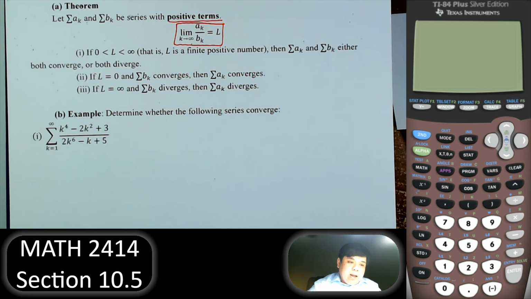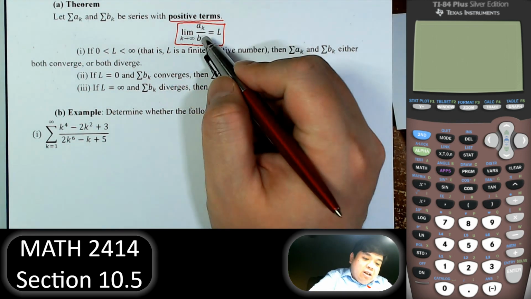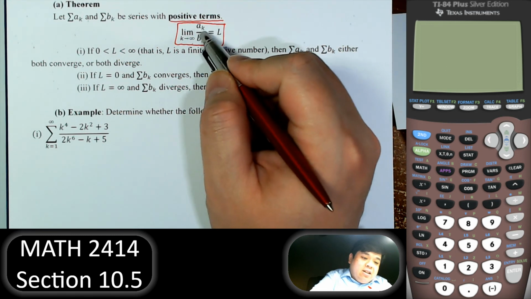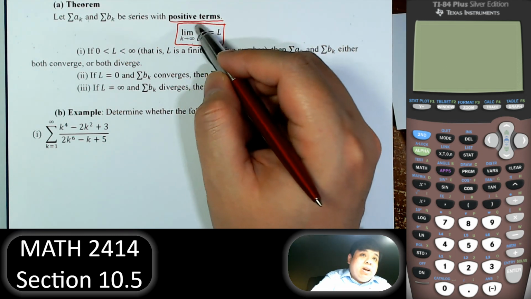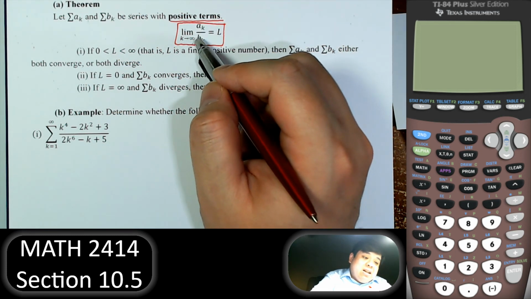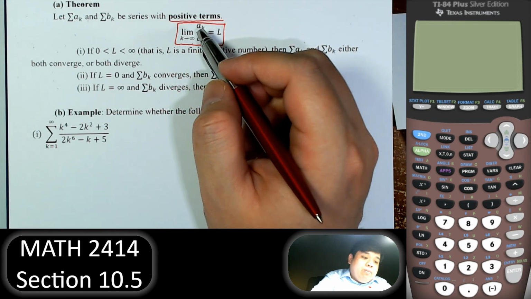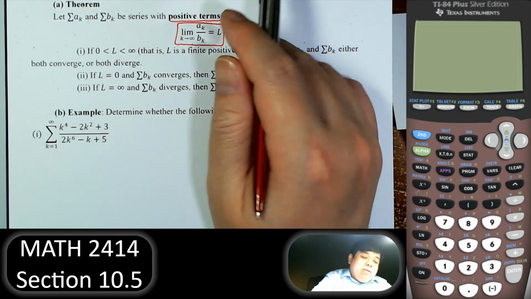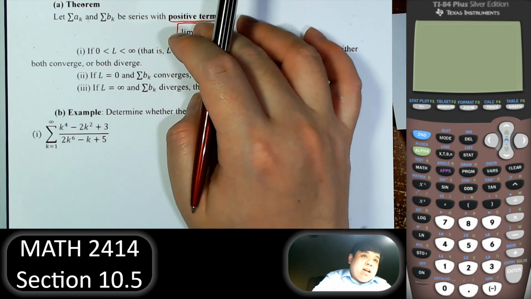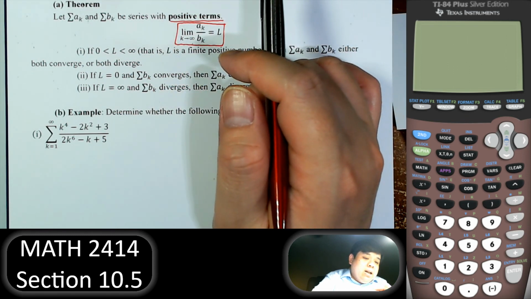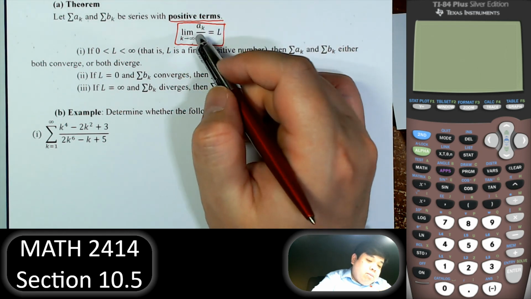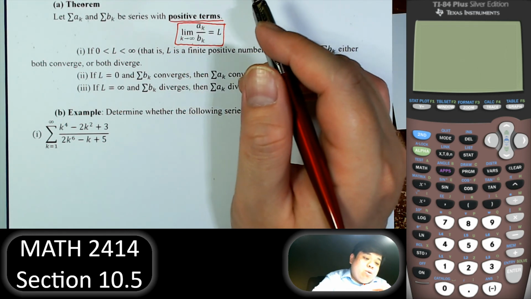Now, if b_k is convergent and L is equal to 0, which means the growth rate of the top is even less than the bottom, meaning the bottom is bigger than the top, and that means if the bottom is convergent, the top is also convergent.